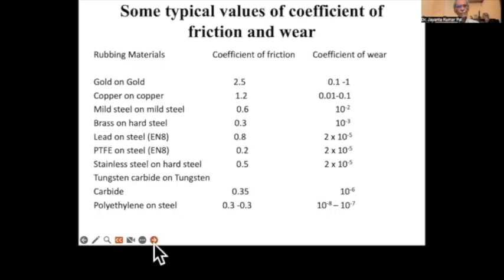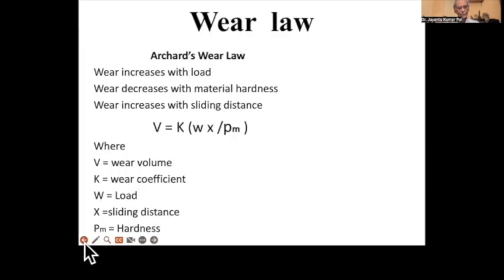Now, this wear coefficient is the important thing here. Just as we have got friction coefficient, we also have the wear coefficient. And the whole law depends on the estimation of this K. So this has to be found out experimentally.